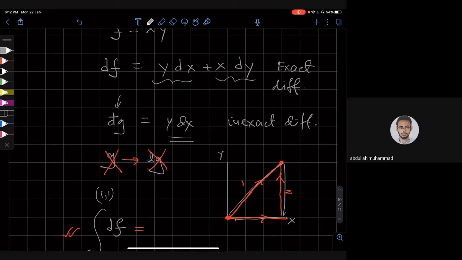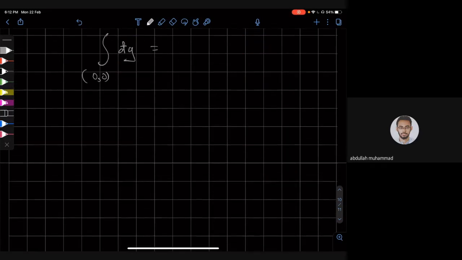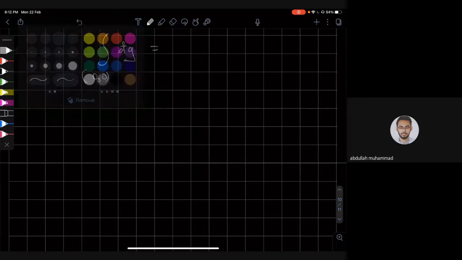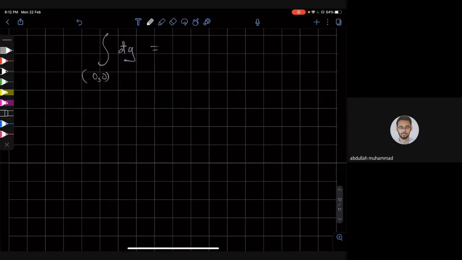Right. So that was exact and inexact differentials. Now we want to discuss two types of state functions.